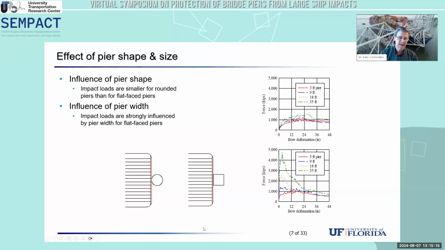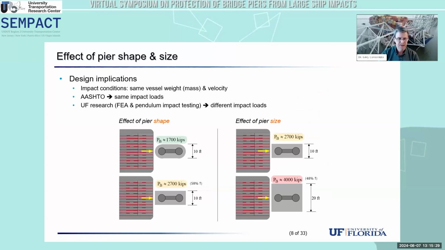Furthermore, for the flat-faced impact surfaces, the dimension of that surface strongly influences the forces that are generated, eventually transmitting load into the structure that's been impacted. So to illustrate some design implications of this, just very briefly here, if we consider a particular collision incident where we have a fixed mass of the vessel and a fixed velocity, in that case, the kinetic energy is fixed, and so therefore the force, or the equivalent static force, is also fixed.